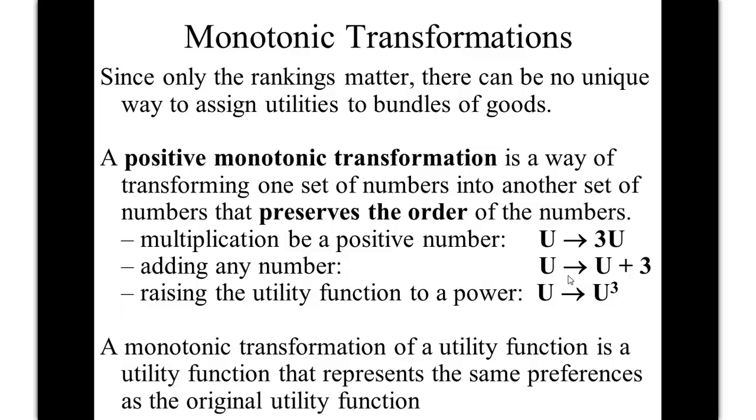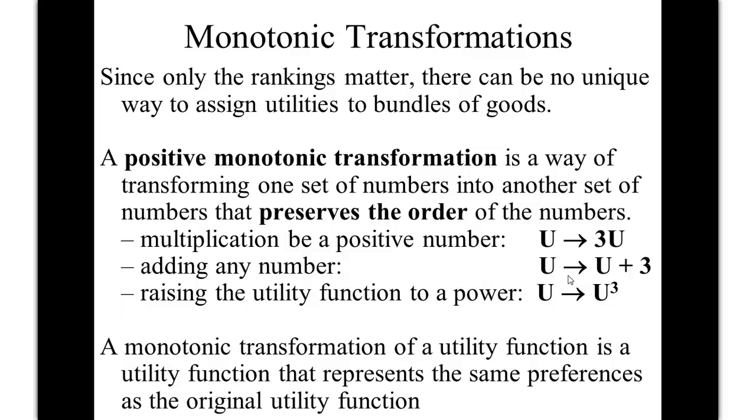So a monotonic transformation is a way of transforming one set of numbers into another that preserves the order of the numbers. So if you have two numbers, 4 and 6, if you multiply them by a positive number, the order doesn't change. 3 times 4 is 12, 3 times 6 is 18.